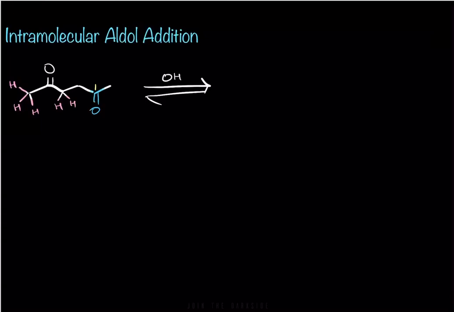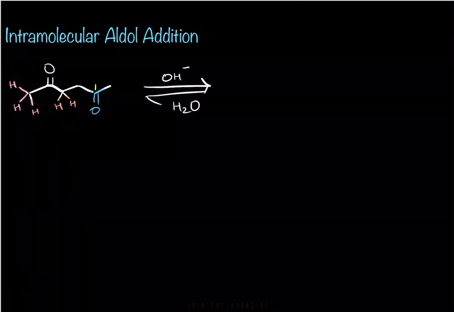Now keep in mind that the aldol addition reactions are reversible. So when a base comes in, it can abstract these hydrogens, or it can abstract these hydrogens. So let's do the reaction. Let's write the equation for when these alpha hydrogens are abstracted.